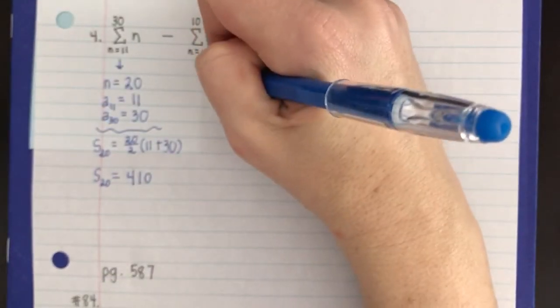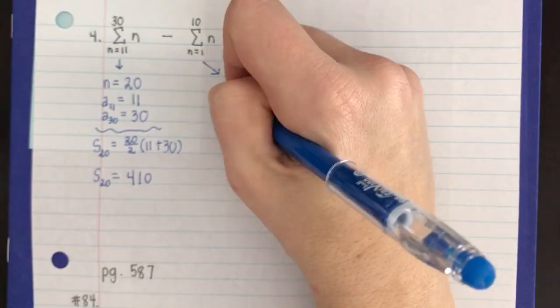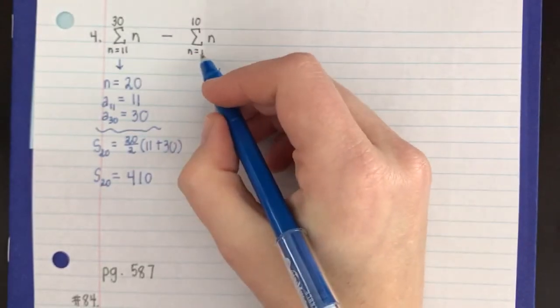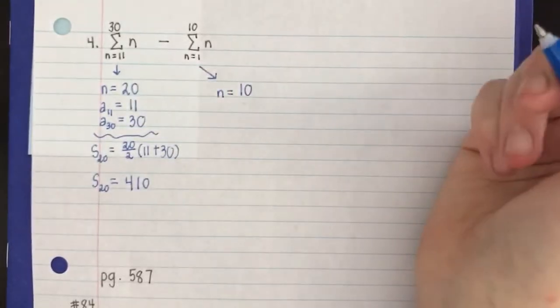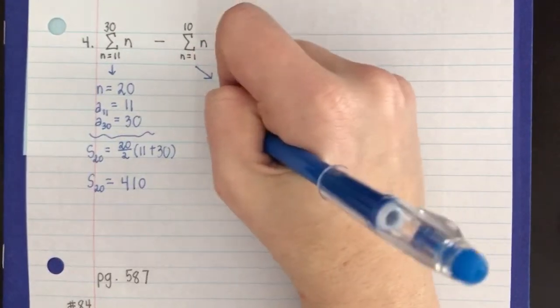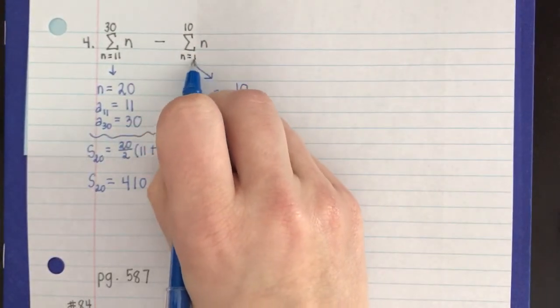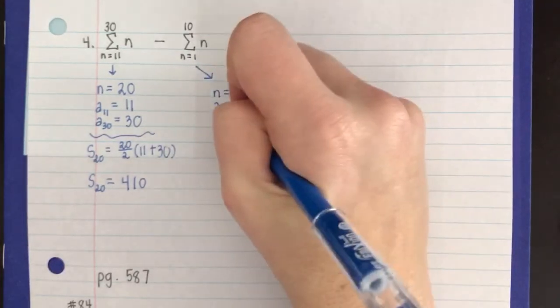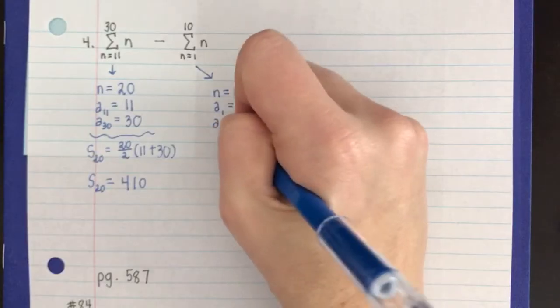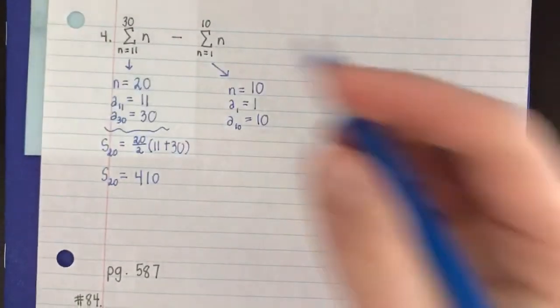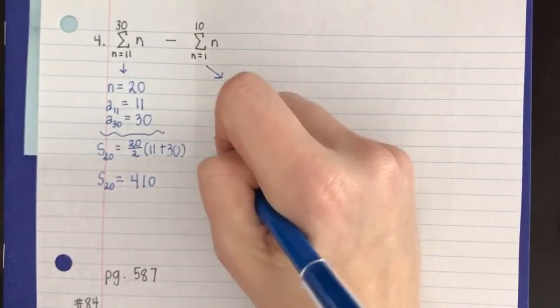Okay, and then here, so this is for this one. Let's work over here for this one. So you would get n equals 10 minus 1 is 9, but then add 1, that would be 10. So n equals 10. A sub 1, that's our lower limit, that's where we start, equals 1. A sub 10, our upper limit, would be 10. And then plug in.